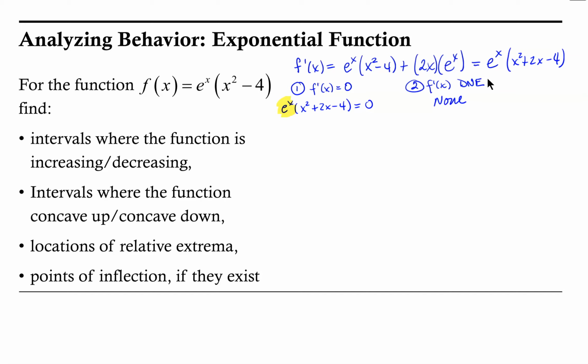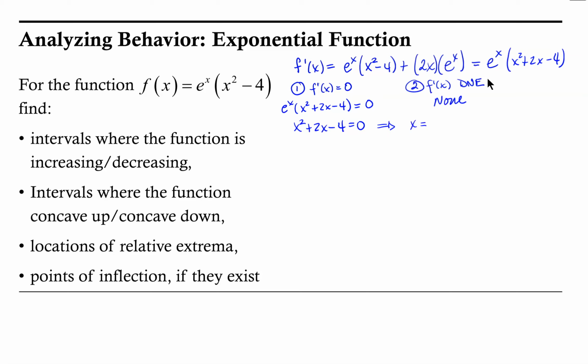So if our first derivative is going to equal 0, it will equal 0 because x squared plus 2x minus 4 is equal to 0. So let's consider x squared plus 2x minus 4 equals 0. Now that quadratic does not factor. So let's use the quadratic formula.